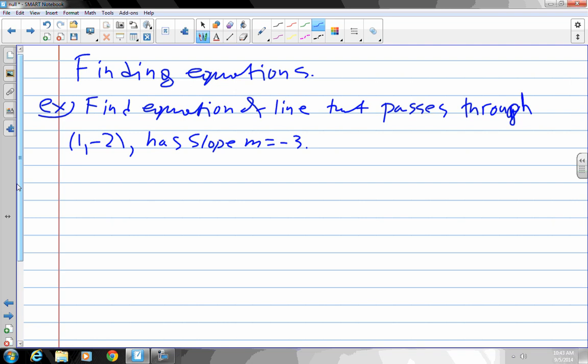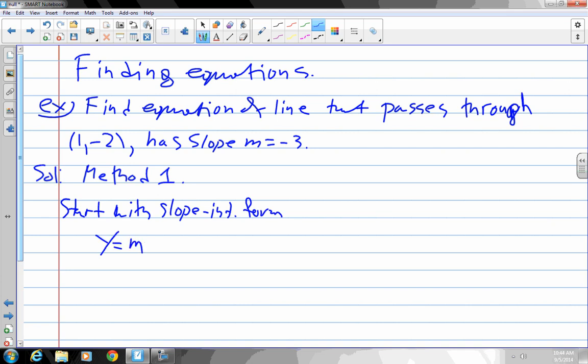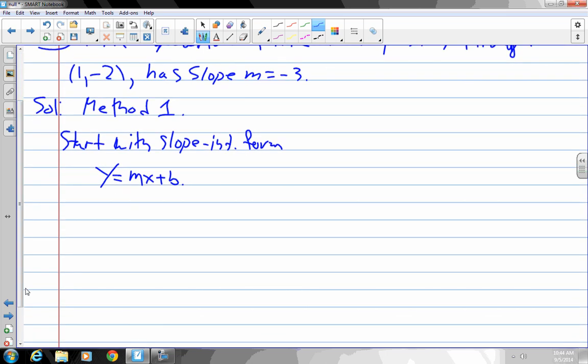So the way we can do this, here's one way of doing this. Let's call it method 1. We will start with slope-intercept form, y equals mx plus b. Okay?